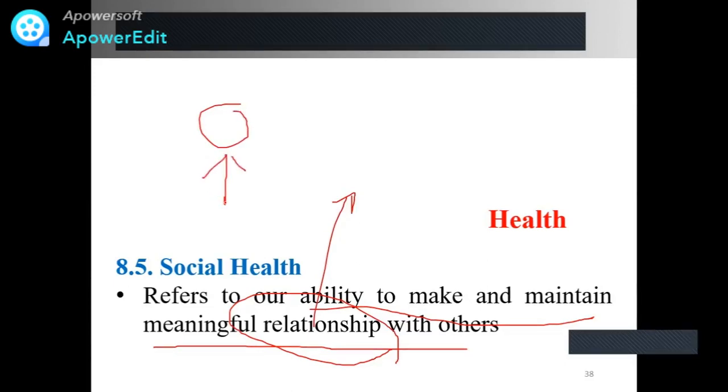Social health means linking with other people, dealing with other people, and maintaining socially accepted norms and standards.